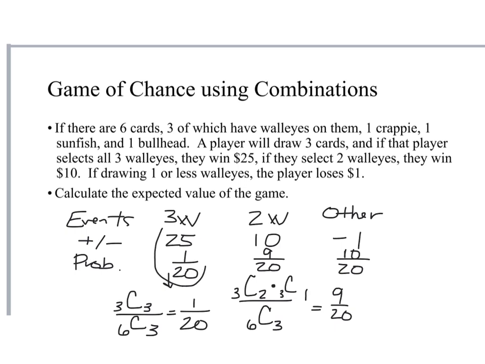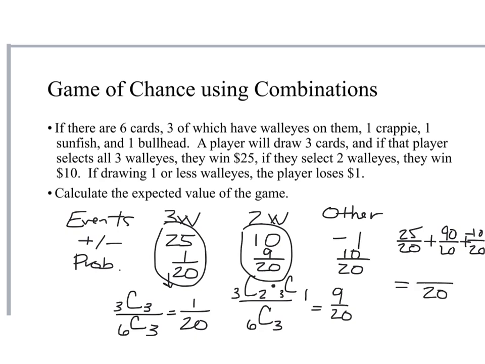Calculating this expected value, I would have 25 out of 20 plus 90 out of 20 minus 10 out of 20. Adding these together, 25 and 90 is 115, minus 10 is 105.